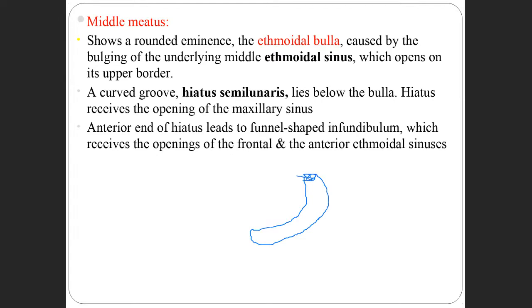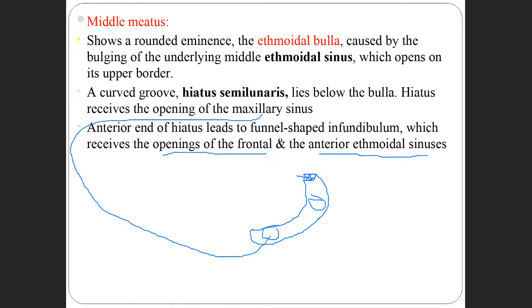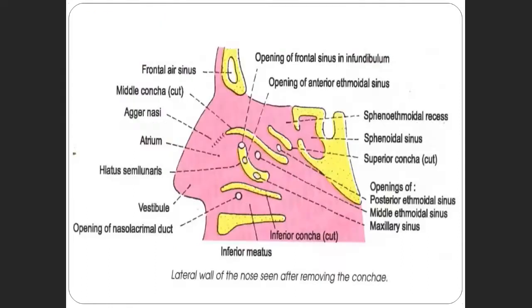In the infundibulum you have the opening of the frontal sinus, and then the anterior ethmoidal sinus, and then here you have the opening of the maxillary sinus. Next, this picture we will discuss today in the practical.